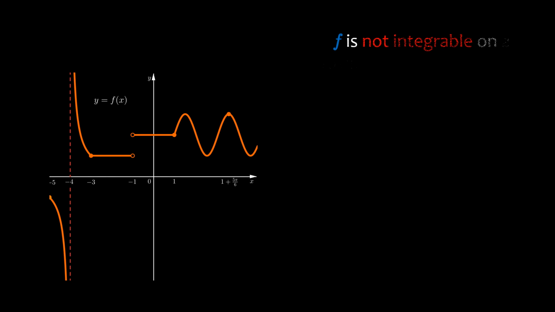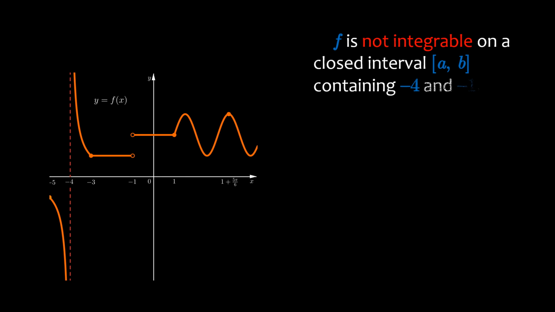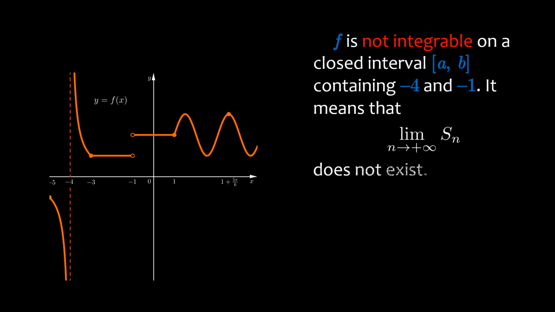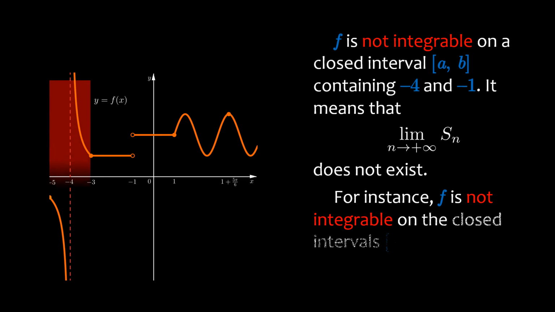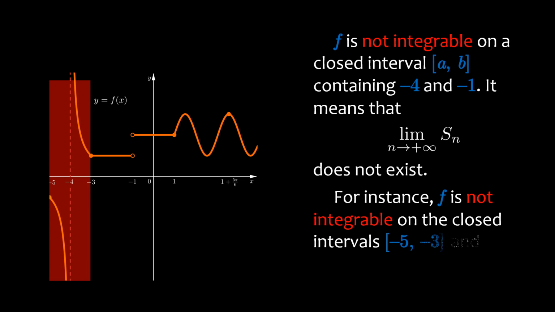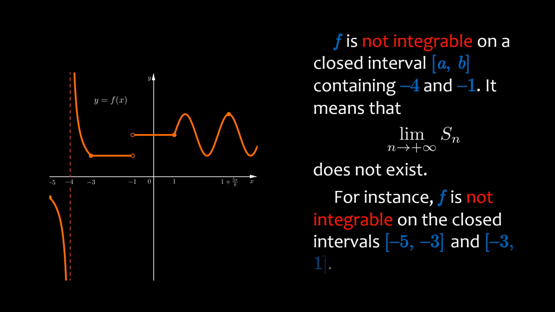Consequently, f is not integrable on a closed interval [a, b] containing -4 and -1. It means that the limit of the Riemann sum does not exist. For instance, f is not integrable on the closed intervals [-5, -3] and [-3, 1].